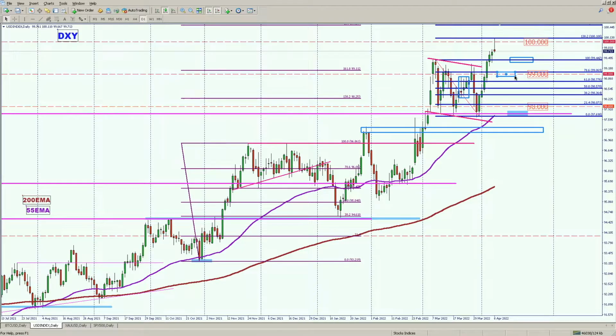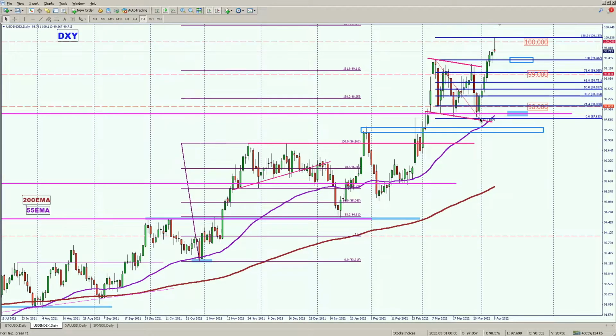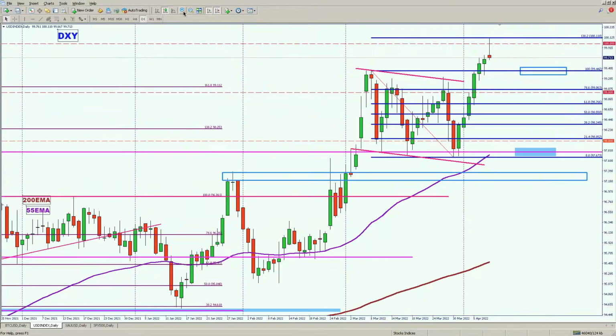And below that, 99 is right there with the 78.6 retracement. So remove this one here.